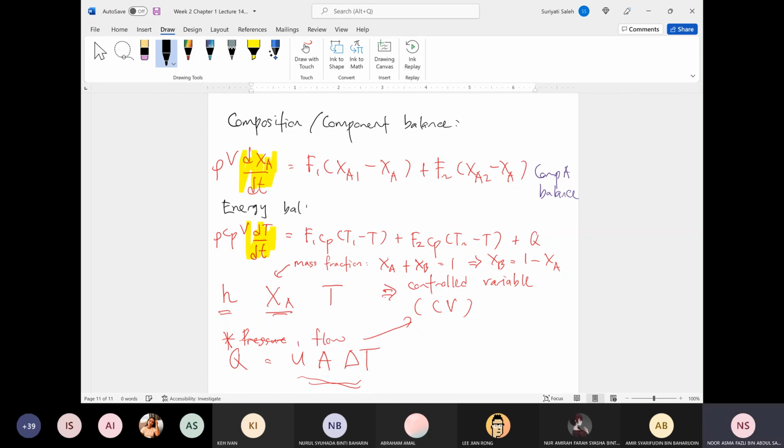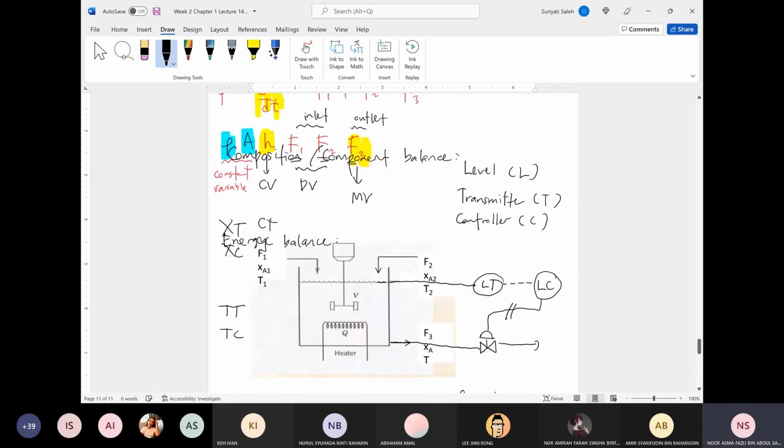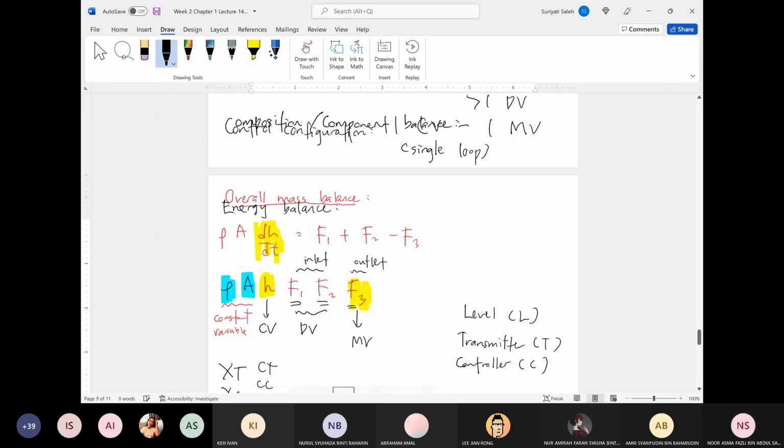Based on these two balances, I need you to find the manipulated and disturbance variables. So you need to complete the following table.